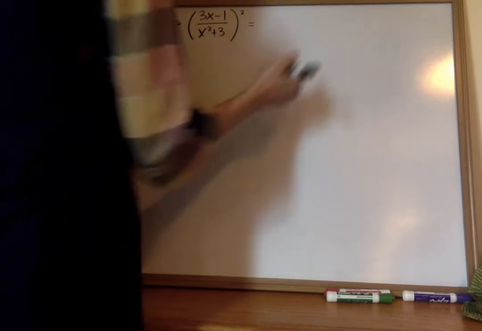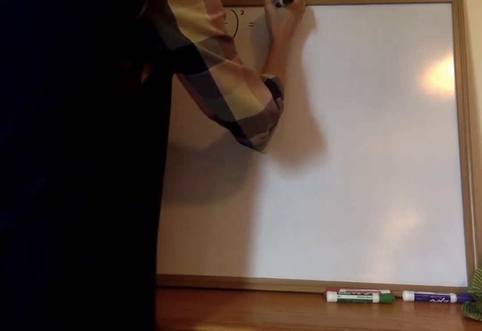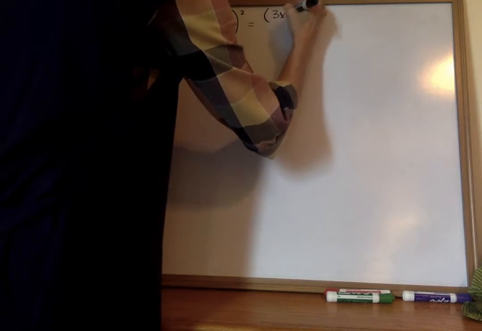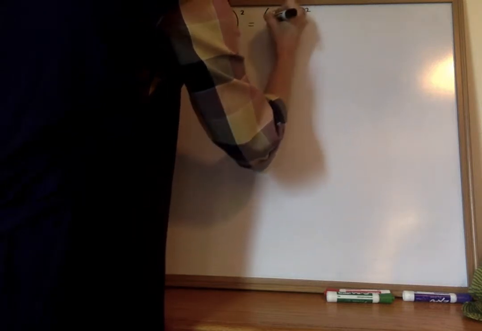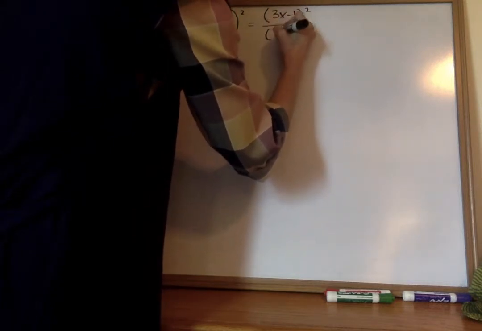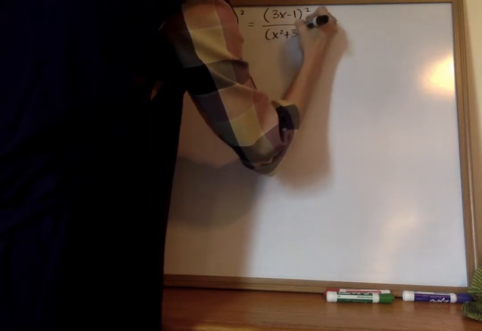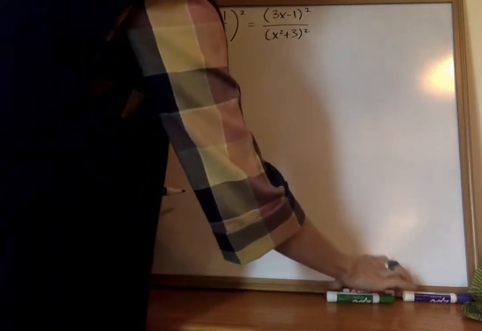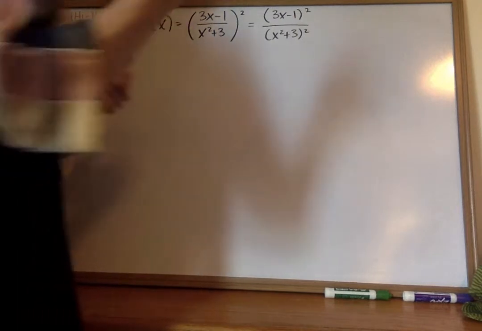So I'm going to rewrite this like this. I can basically break up the numerator and denominator and write (3x minus 1) squared over (x squared plus 3) squared. So I'm rewriting the function using exponent rules.